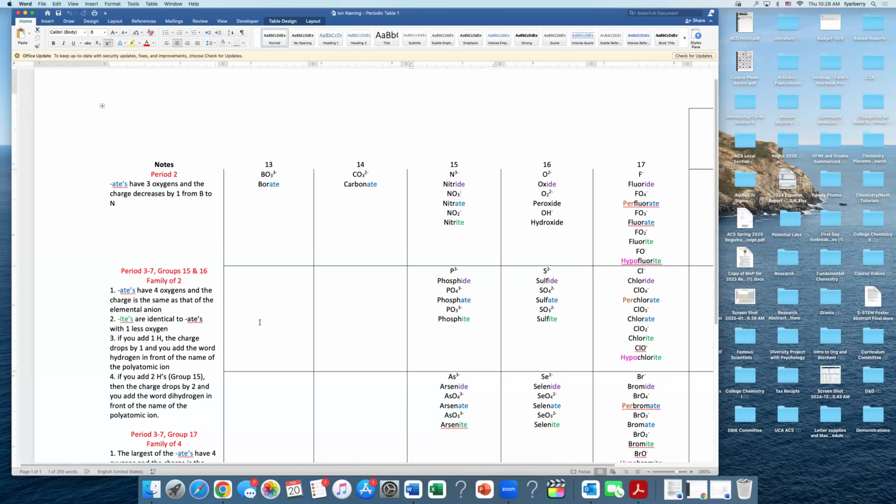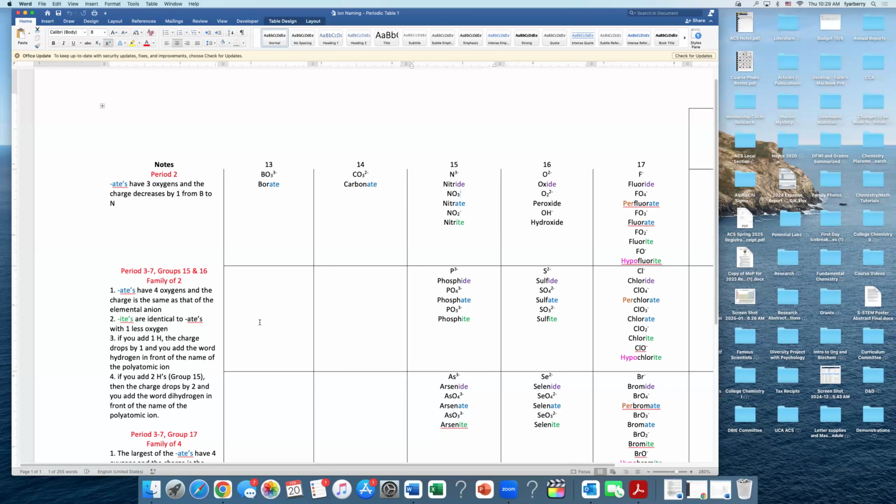So we go from ClO4 to ClO3 to ClO2 to ClO1. All we're doing is dropping off an oxygen each time. But the rest of it remains the same, meaning the charge is the same and it is connected to the oxygens. The only thing that changes is the number of oxygens.